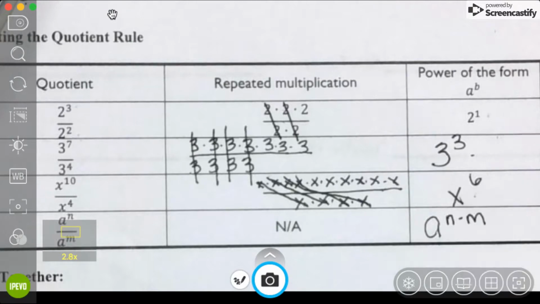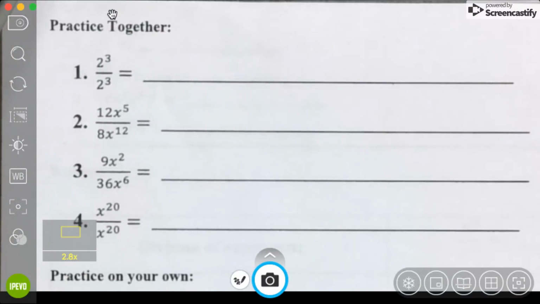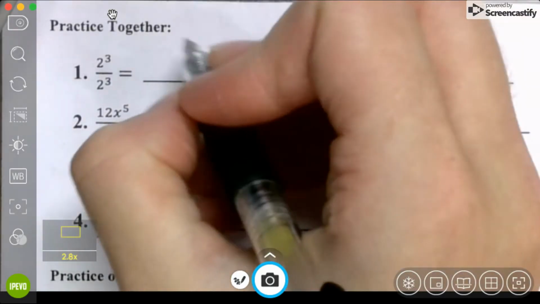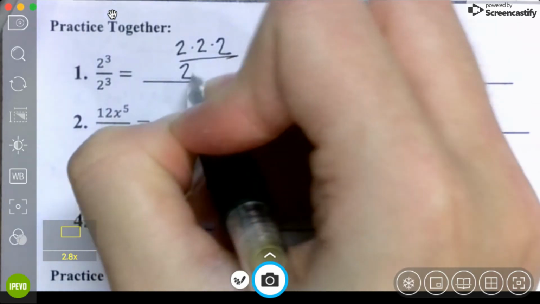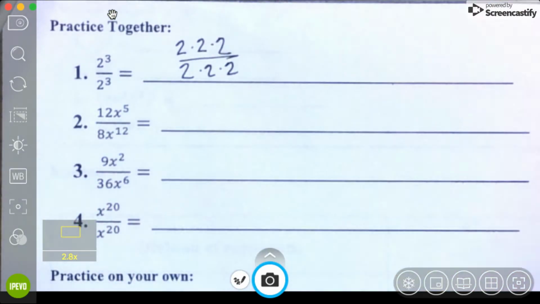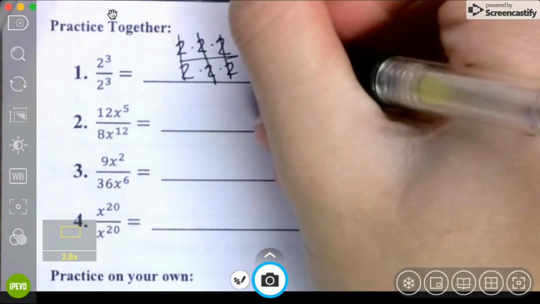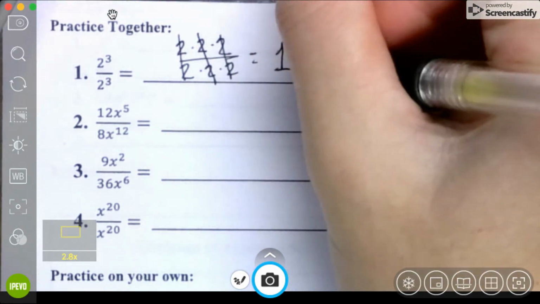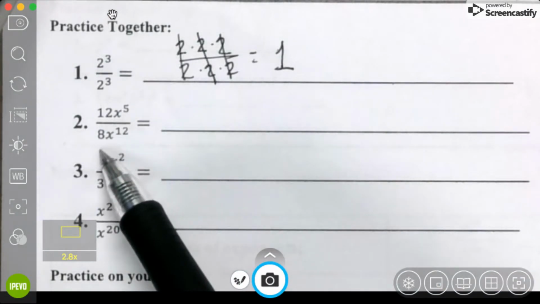So in this next one where it says practice together, I have 2 to the third, so that means I have 3 2's on top and 3 2's on bottom. That gives me 1 pair, 1 pair, 1 pair. I have nothing left, so that gives me a 1. Okay? Now this next part, right?